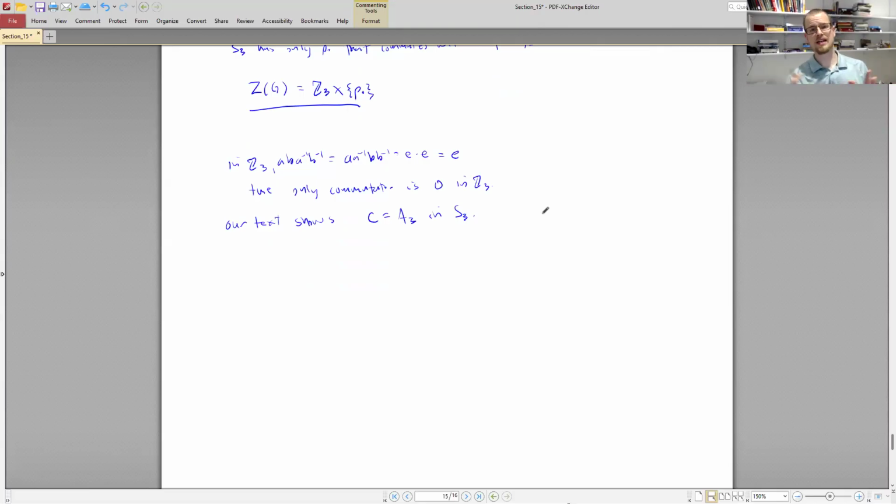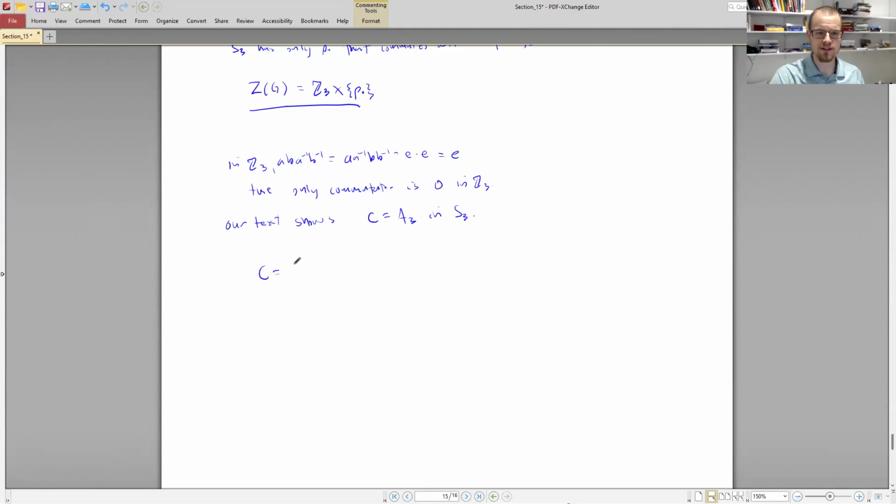But again, what I can do is I can take the cross product of these two things to get our commutator subgroup, because I can take things of this form in Z3, things of this form in S3, and I could take the identity, of course. So anyway, cross product again is fine.